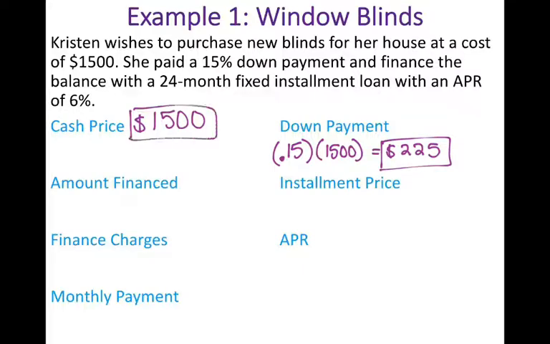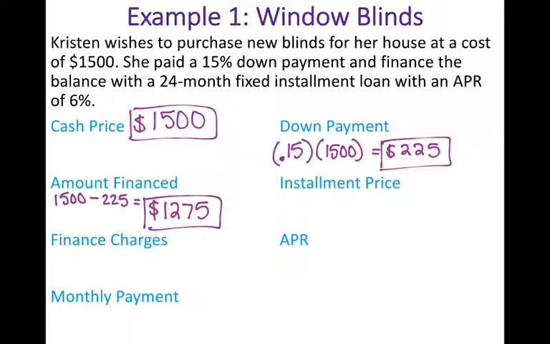Now the amount financed is going to be the cash price minus the down payment. So 1,500 minus 225 is 1,275.